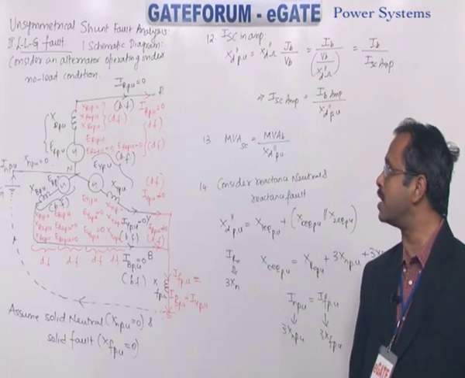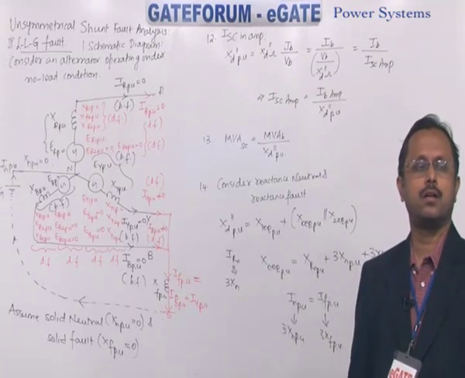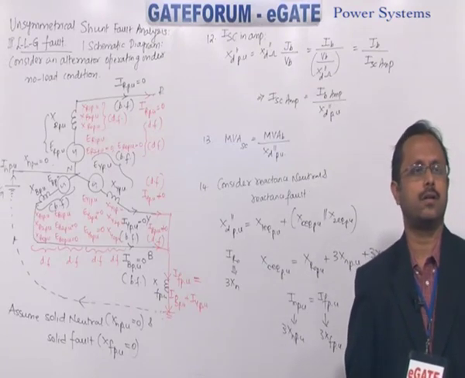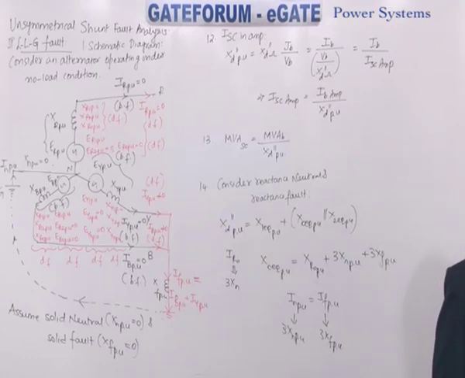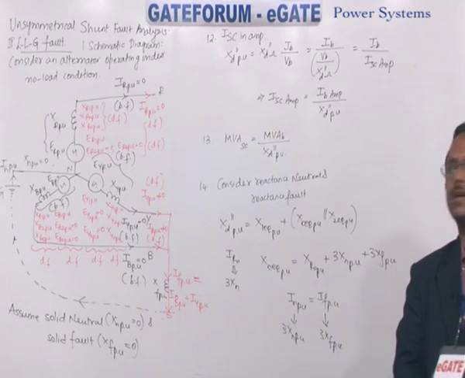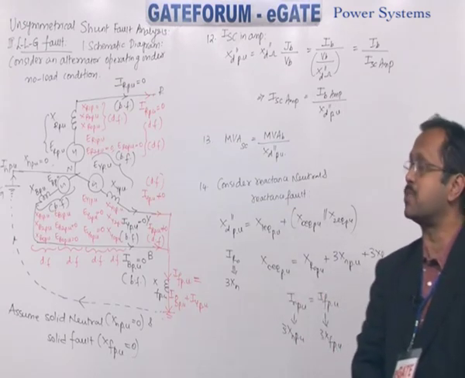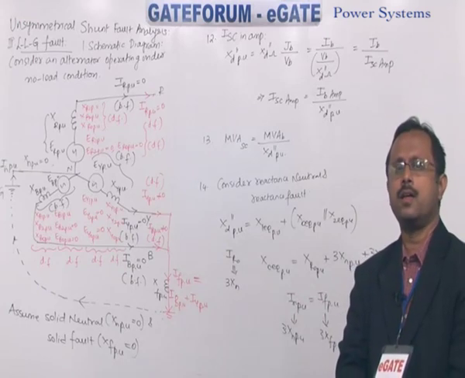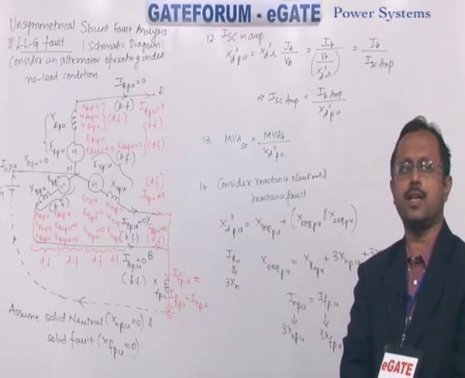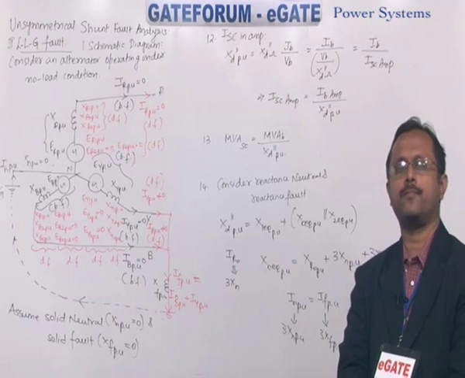In XD double dash expression. Questions? Now, please once again refer all these 14 aspects of LLG fault, and it is very simple further to analyze this double LG fault.